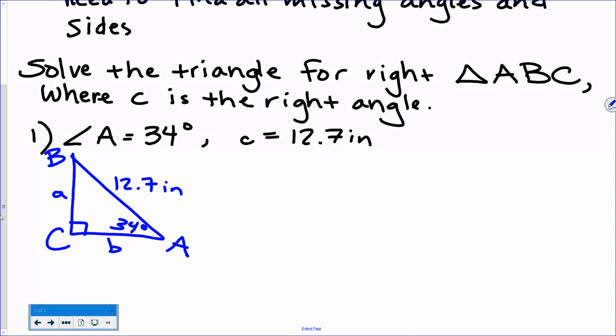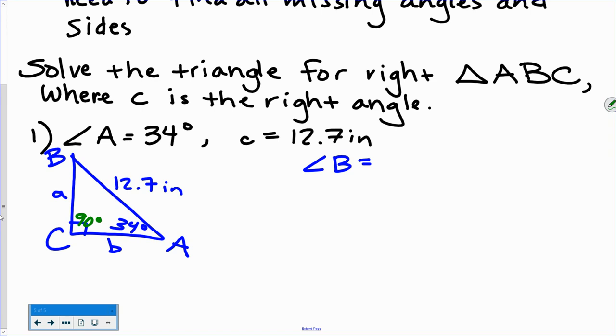Okay, so in Math Excel, it's going to have you find each piece. It's typically going to have you find the next piece that would make the most sense, like angle B. Find angle B, and they'll leave that blank for you. Since we know this is 90 degrees and angle A is 34 degrees, I need to figure out what's remaining from 180.